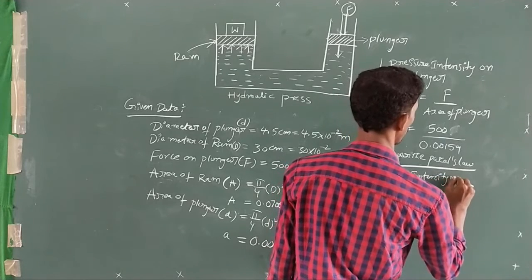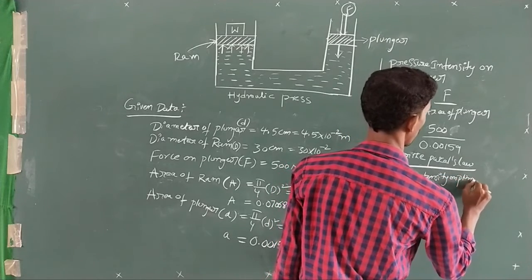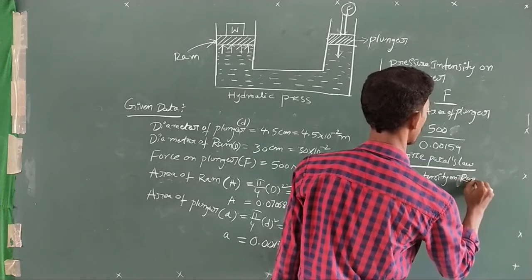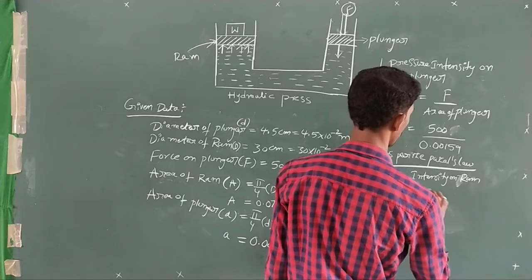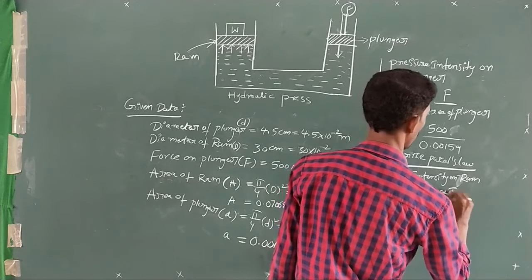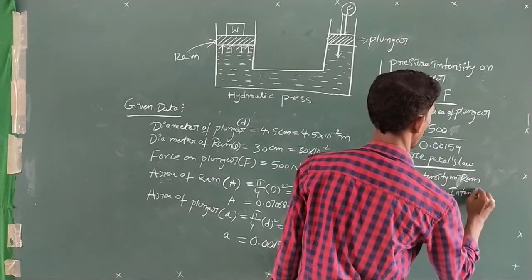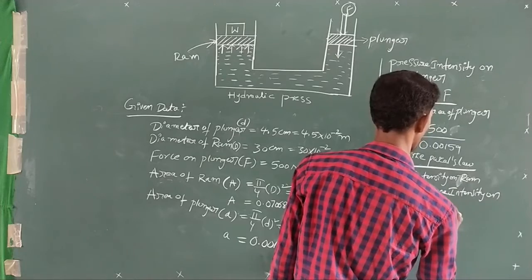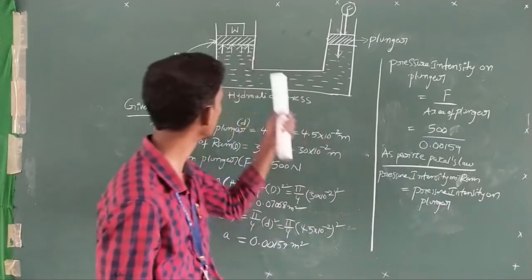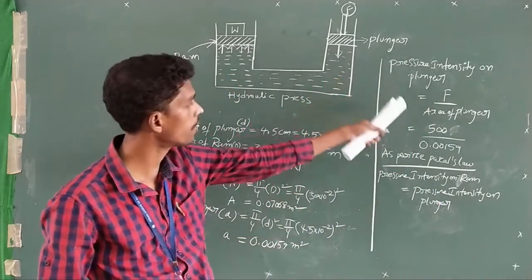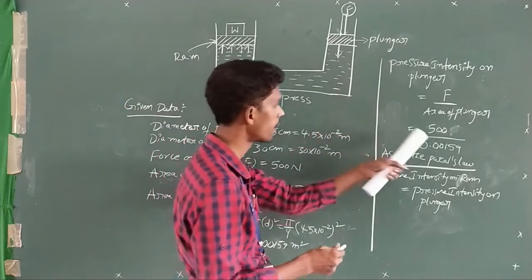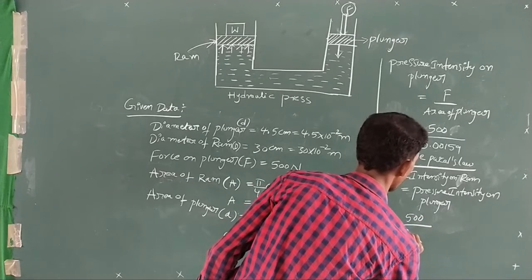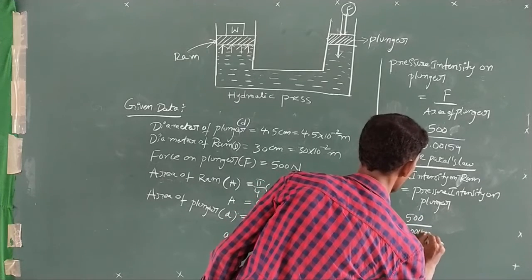Pressure intensity on ram is equal to pressure intensity on plunger, the value we just found, 500 by 0.00159.